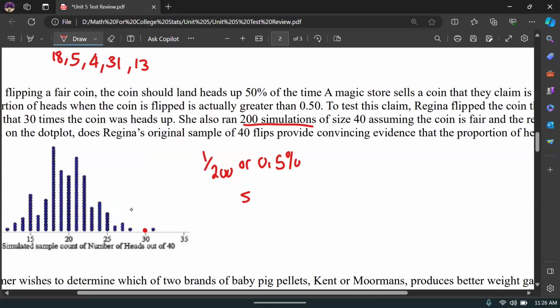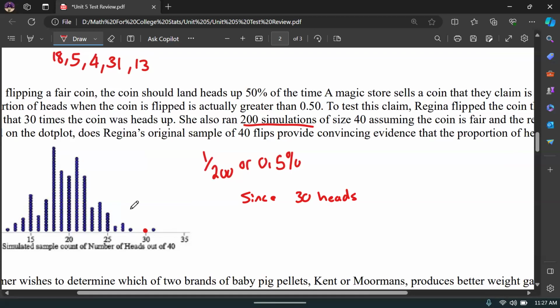So since 30 heads or more occurred in 1 out of 200 or 0.5% of the simulations, which beats the 5% threshold, because remember, anything less than 5% is where we say convincing evidence.